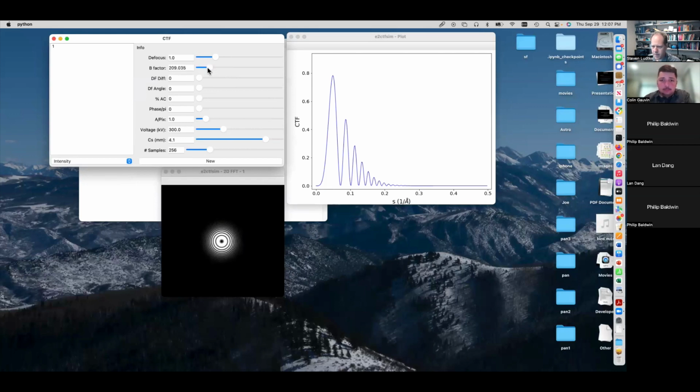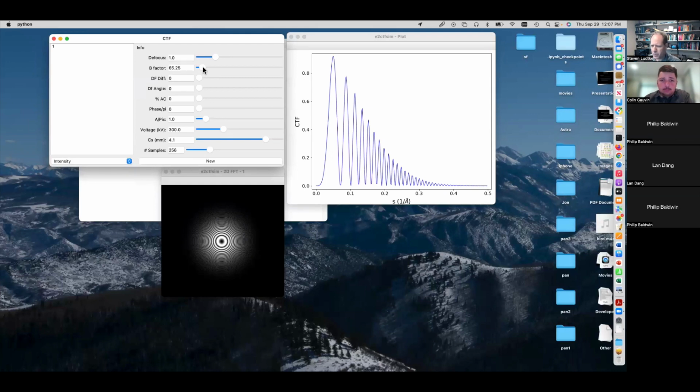In cryo-EM, a typical B factor on a modern Krios with a really nice detector on it might be in the 50 to 100 range or something like that. If you go and look at a 200 keV scope without a field emission gun, or something that you use for screening, the typical B factor from an instrument like that might be 2,500 or 4,000 or something like that.